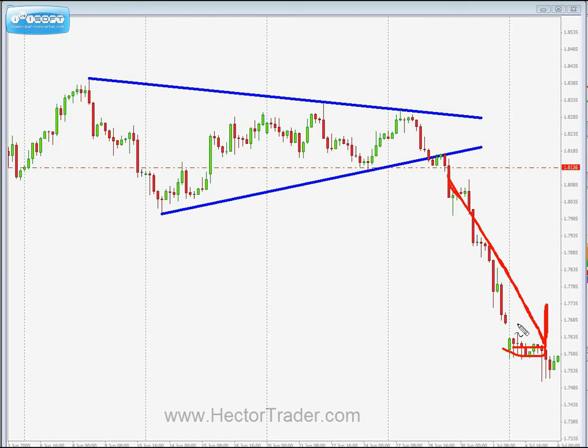Sometimes, of course, price doesn't quite give you the breakout pullback continuation. Sometimes price simply plummets through, drives through the triangle boundaries, and just moves 100 pips without giving any pullback whatsoever. But that's the cost of being conservative.